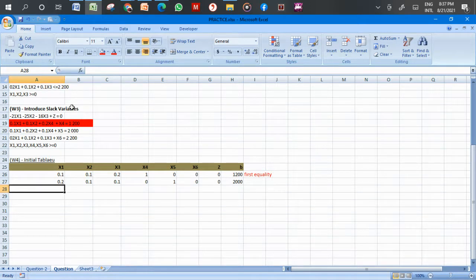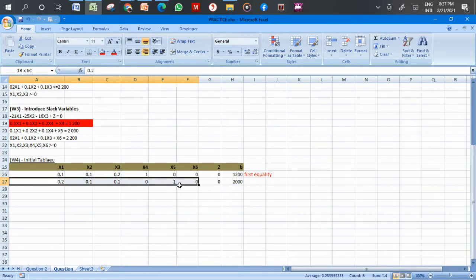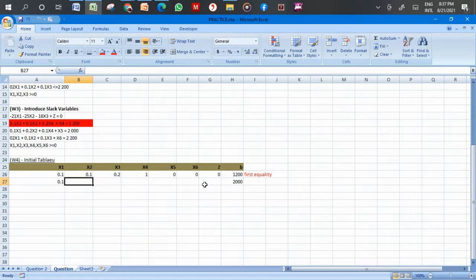Now, on our third, did I do the correct thing here? Let me revise this one. It's 0.1 actually here, then 0.2 here, then 0.1, then 0, then 1, then 0, then 0.